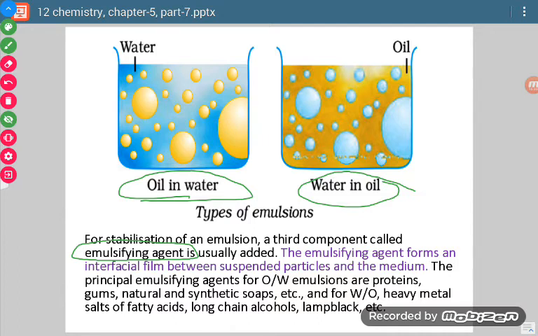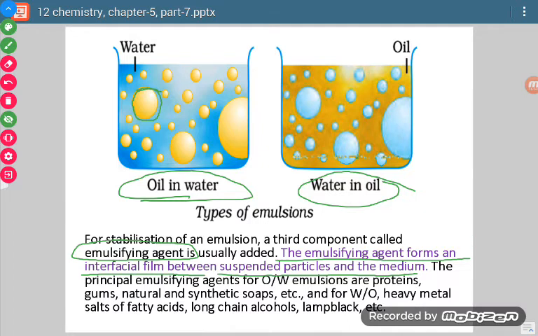That stabilizing agent is called an emulsifying agent. What it does is it forms an interfacial film between the suspended particles and the medium. Now see what the emulsifying agent will do. Just like this is our oil, it will form a layer around it.